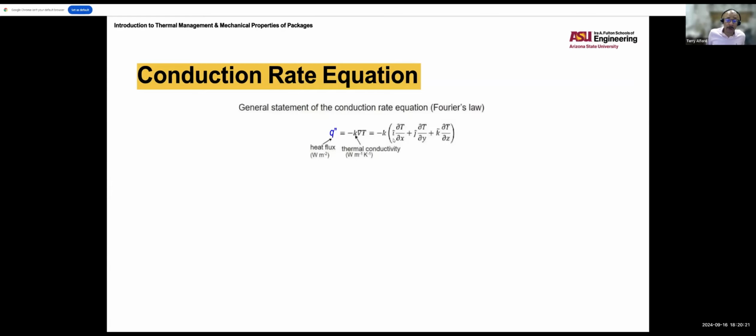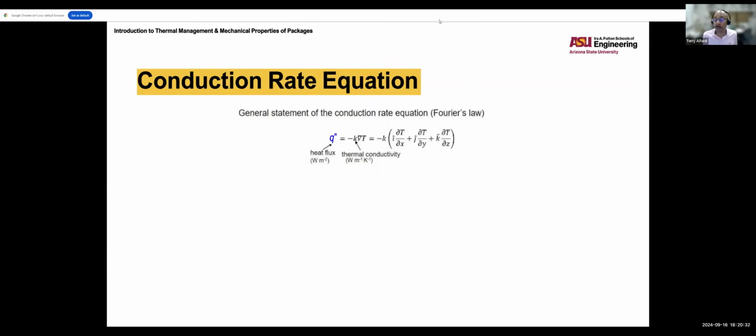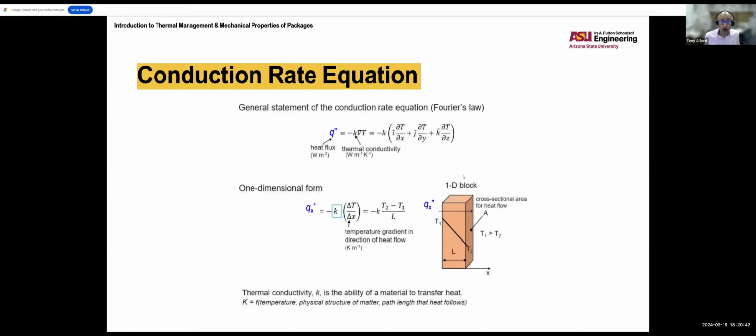Now, that's fine, but often there will be opportunities where we can simplify this in such a manner that 1D would be a valid description for the heat transfer.